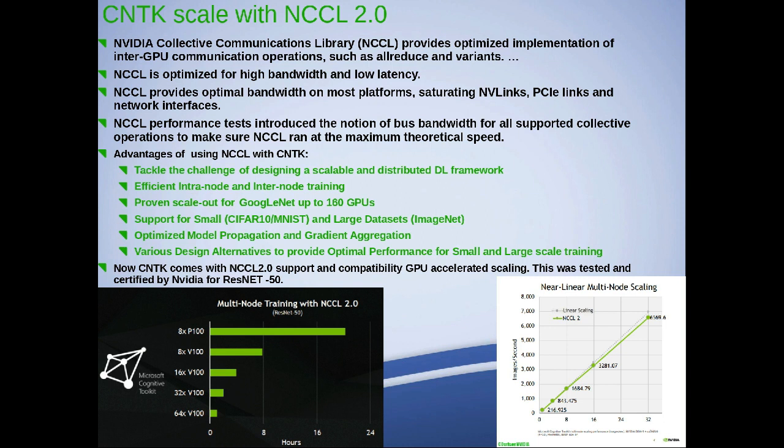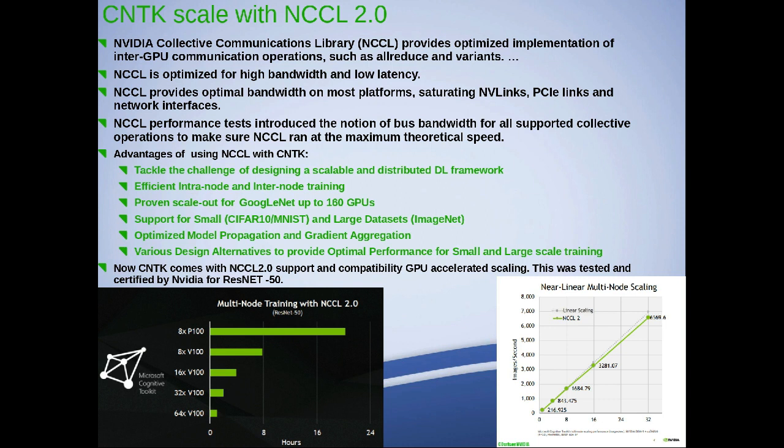NCCL allows CUDA applications and deep learning frameworks in particular to efficiently use multiple GPUs without having to implement complex communication algorithms and adapt them to every platform. NCCL provides optimal bandwidth on most platforms, saturating NVLinks, PCIe links and network interfaces.